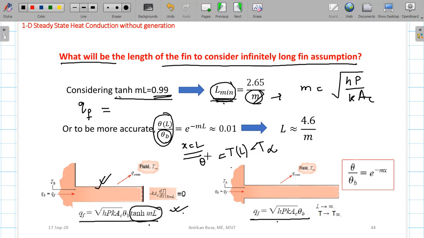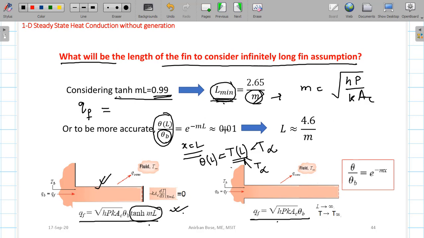If it is an infinitely long fin, then definitely T_L will become T infinity. So ideally this quantity will become 0 when T_L becomes T infinity.